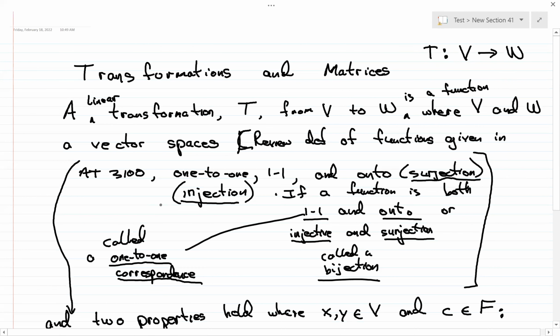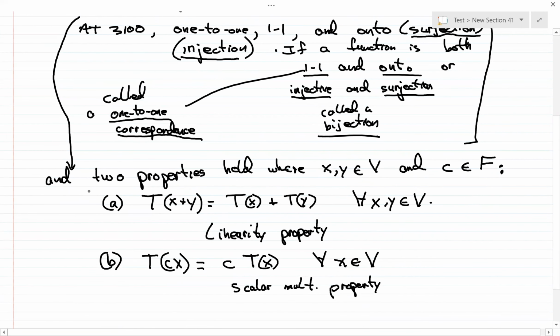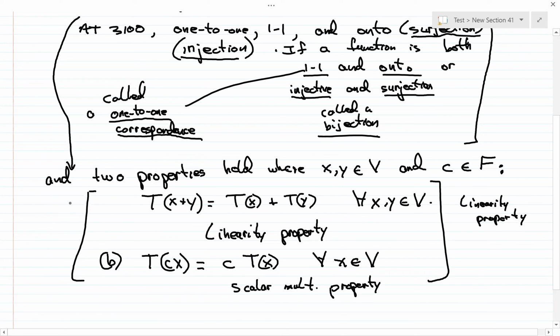I think together these would be called the linearity properties, both of them. So if you want T to be a linear function, you need both A and B to hold. And they both have quantifiers, right? So they hold for all X's and all Y's and all C's. I guess that should have been stated here too.